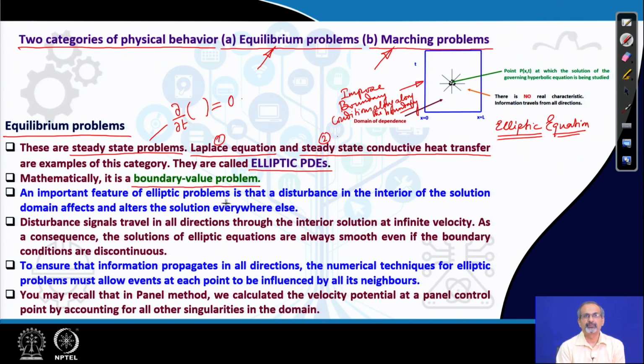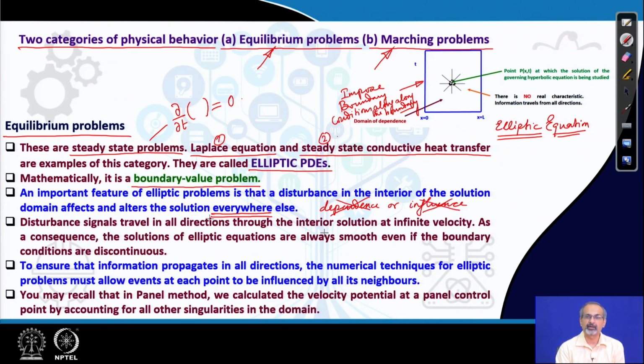An important feature of elliptic problems is that a disturbance in the interior of the solution domain affects and alters the solution everywhere. That means there is no zone which can be identified as that of dependence or influence. That works in the case of hyperbolic or parabolic equations.